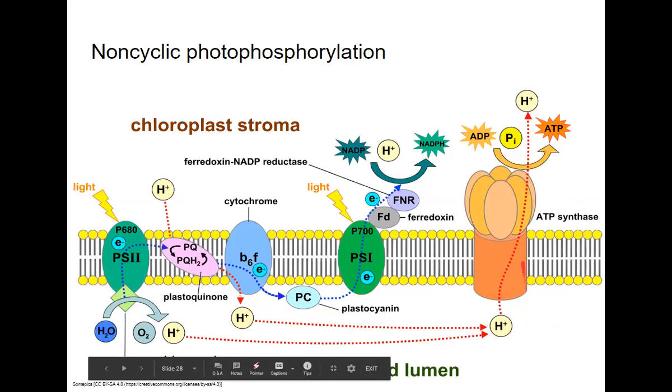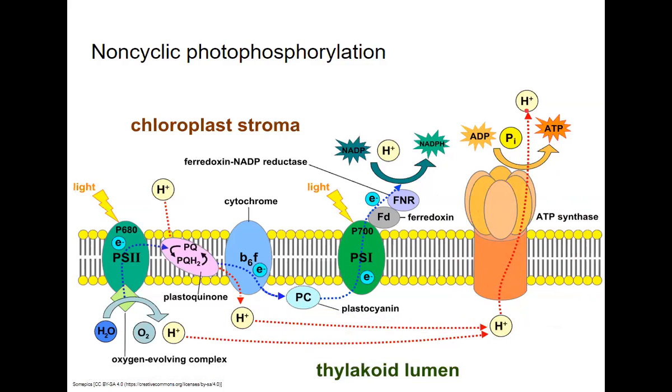We'll let protons flow down their concentration gradient, just like water flowing down a dam, and that will turn this turbine. And we're going to use that to force a phosphate onto ADP, turning it into ATP.